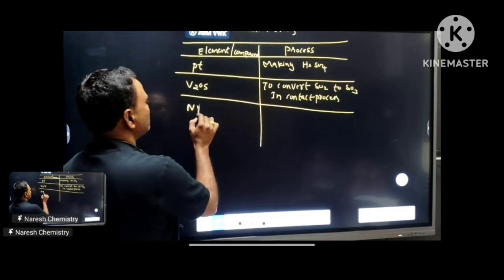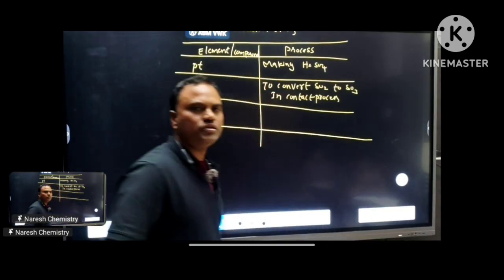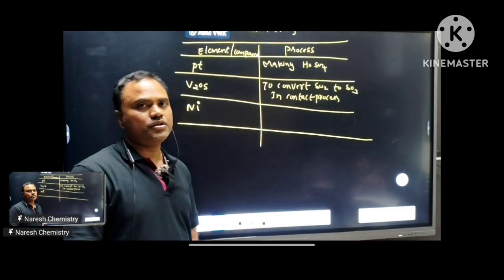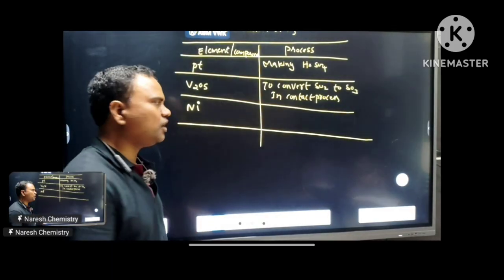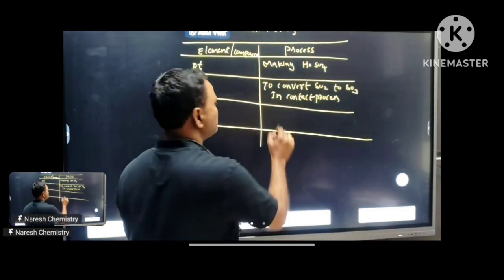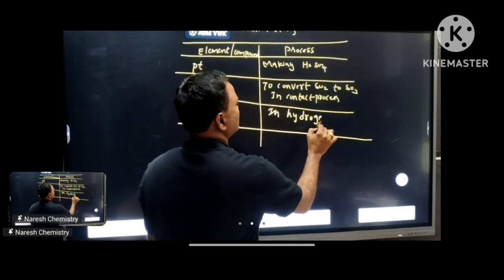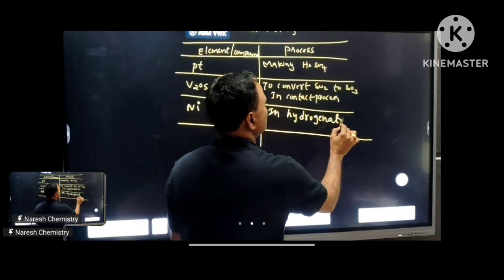Third one, nickel. Nickel is used in making saturated compounds from unsaturated, that is, in the hydrogenation of oils.